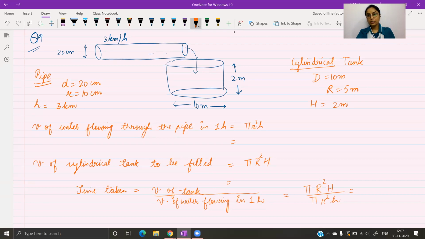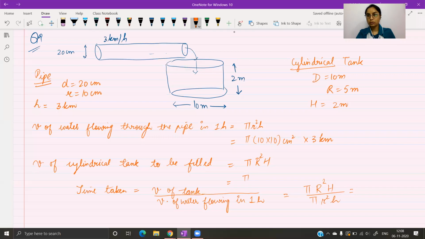Be careful with the units here. The pipe has units in kilometers and centimeters mixed. I'm going to just write that down. This will be 10 into 10 centimeters square and then multiplied by 3 kilometers.